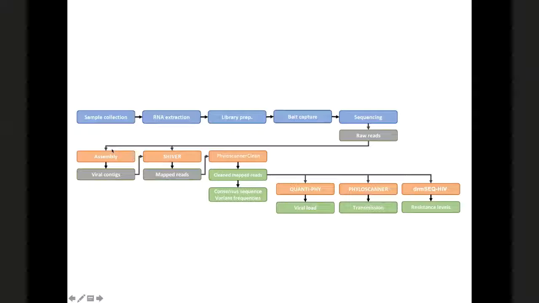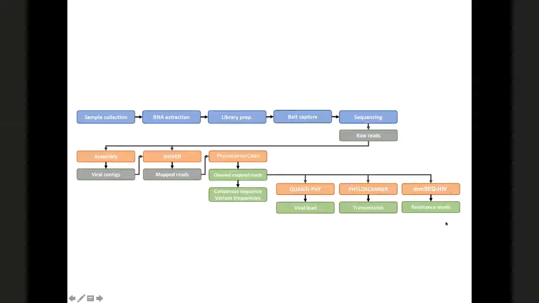But it's all one pipeline that generates clean data that can feed into the methods for quantifying viral load and assessing drug resistance. So in translating and adopting this method, you either need to use the whole thing, we think, or you give serious thought to what each step is doing.